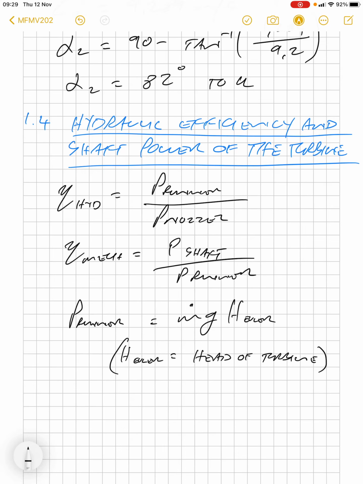Right, so this is the Euler head, or the total head of energy in the turbine.